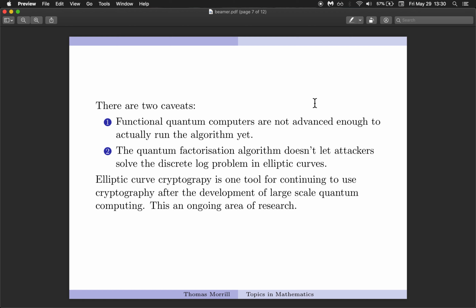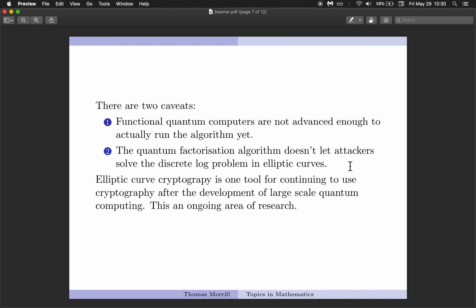So in the future, if there are widespread quantum computers, RSA is not going to be good enough to keep a secret anymore. One of the places that researchers are trying to build up new kinds of cryptography are using these elliptic curves. So that's an ongoing part of research right now.